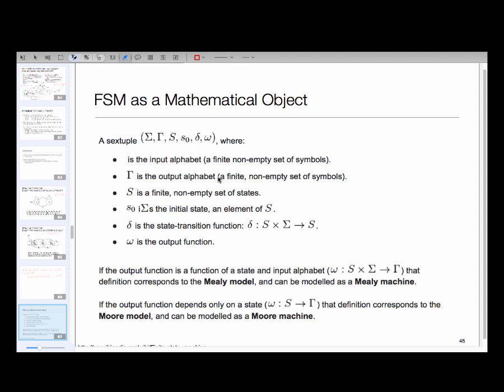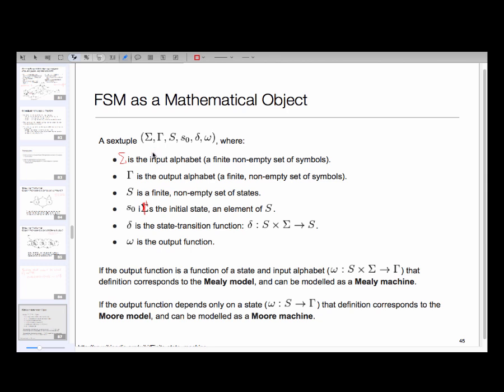Yeah, that's what happened, I think. Yeah, thank you. Okay, cut and paste problem. So sigma is the input alphabet. What it's basically saying is for every state and for every possibility of the input pattern, I have a next state. So that's my transitions. And that may include a loopback.